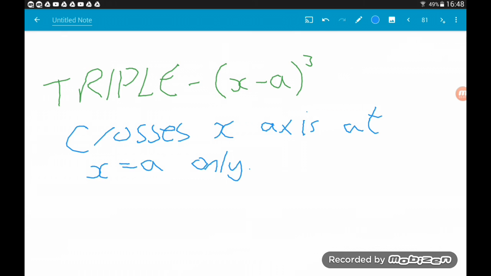So when we have x minus a cubed, the graph crosses at x equals a, at that point, and only at that point. Those are our three different types of root. Now we're going to have a look at sketching some graphs.